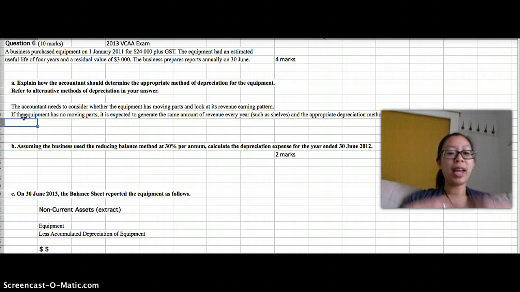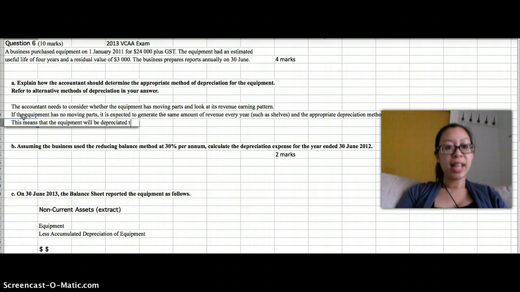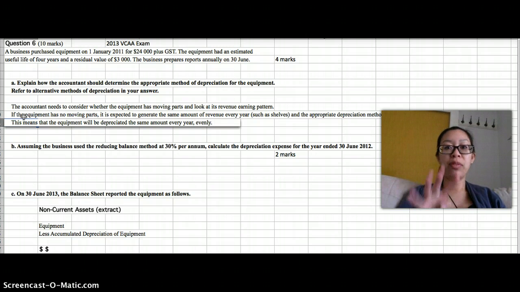Then you have to explain how straight line works. This means that the equipment will be depreciated the same amount every year evenly. That's 2 marks. The question's out of 4 marks, so now we have to say something similar for the other method.